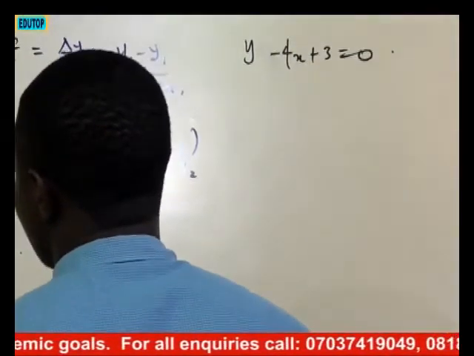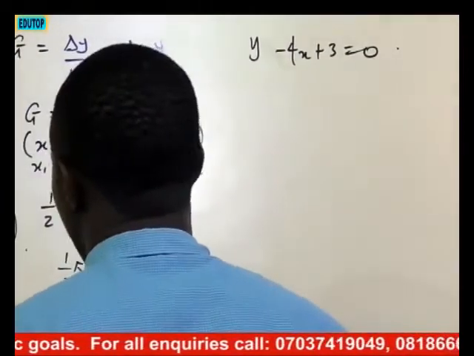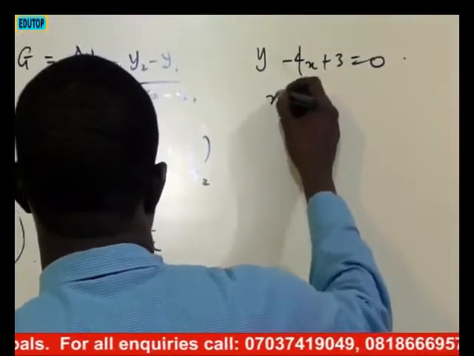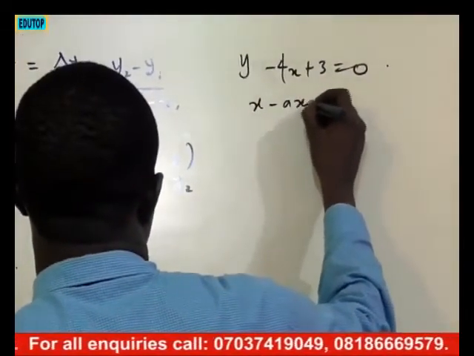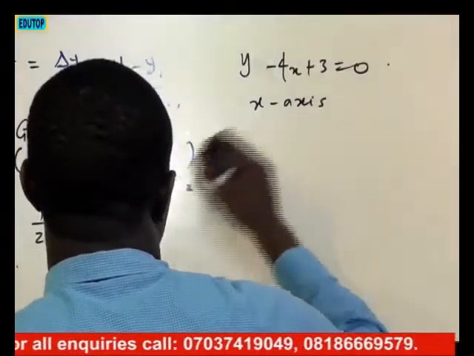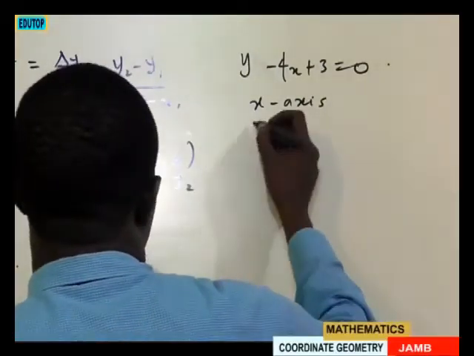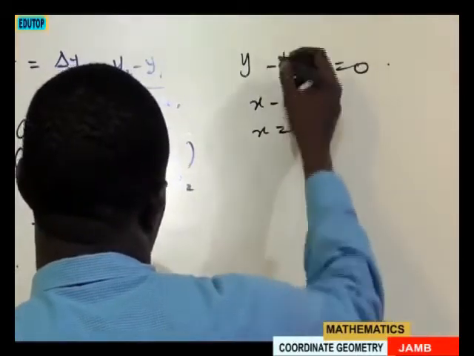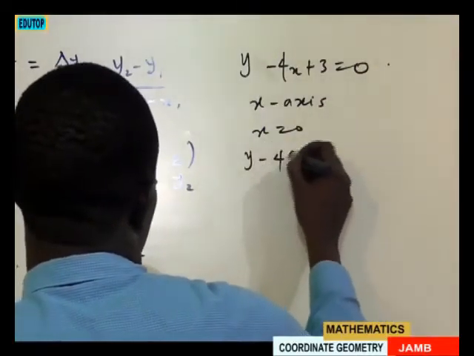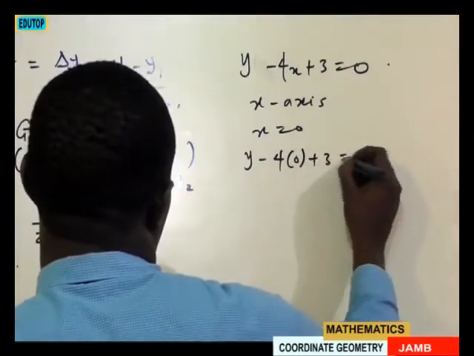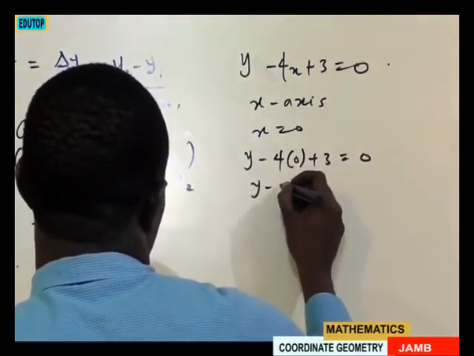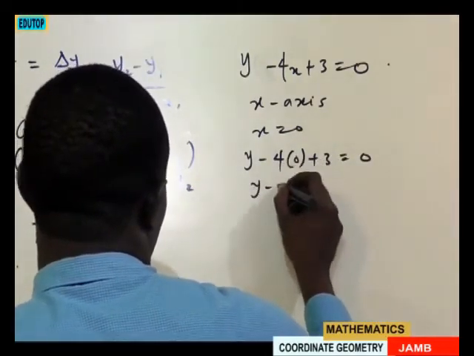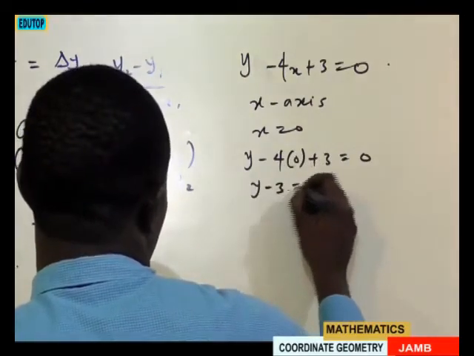That is our line segment. Then what we need to do, well, let's find our y-intercept here. When x is 0, what will be our value of y from this? y minus 4 times 0 plus 3 equals 0. So y minus 4 times 0 is 0, so y is minus 3.